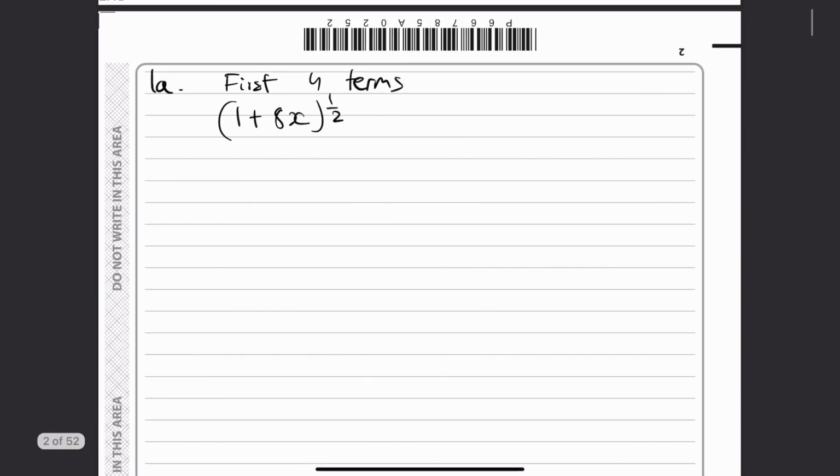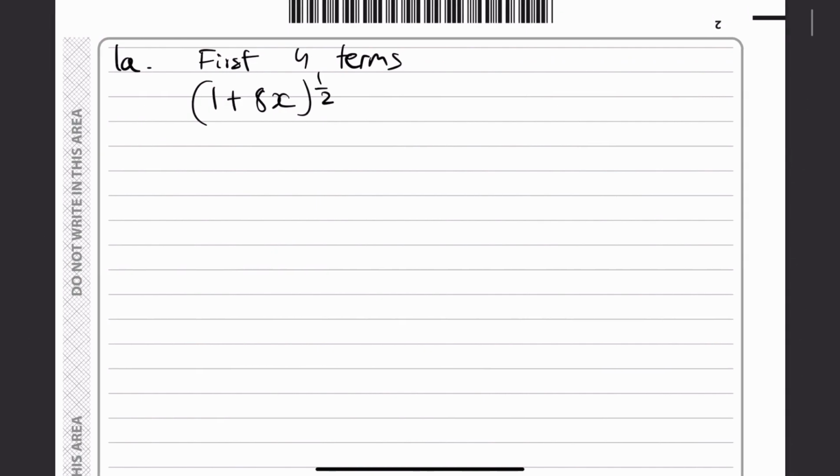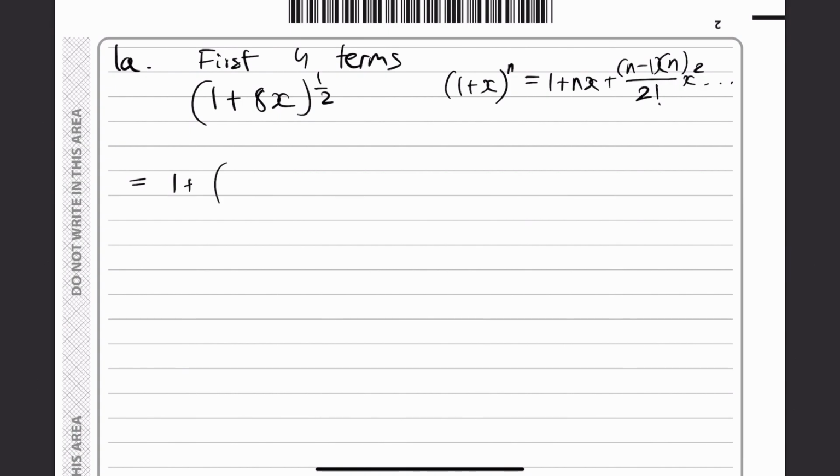So how are we going to do this? So obviously we have the formula: 1 plus x to the n is equal to 1 plus nx plus n times n minus 1 over 2 factorial x squared, and it just continues like that.